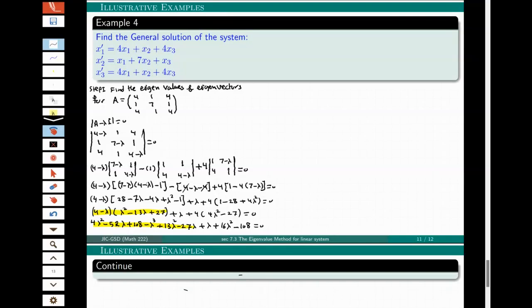Now, let's start from the largest one to the lowest one and combine the similar ones. I have minus lambda cubed, and for lambda squared, I have here plus 4, and I have here plus 13, and I have plus 16.